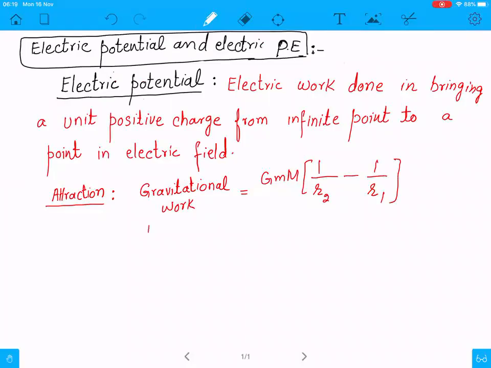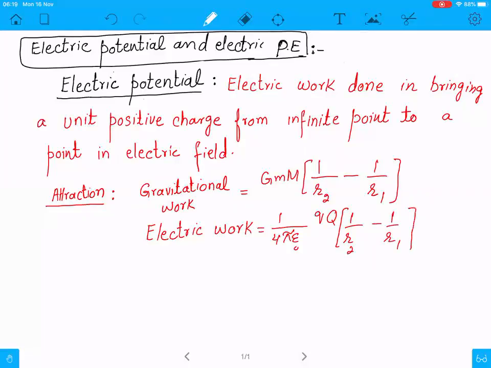If in case of attraction you are calculating electric work, it will be 1 over 4 pi epsilon naught smaller q capital Q into 1 over R2 minus 1 over R1. And it could be calculated for repulsion.